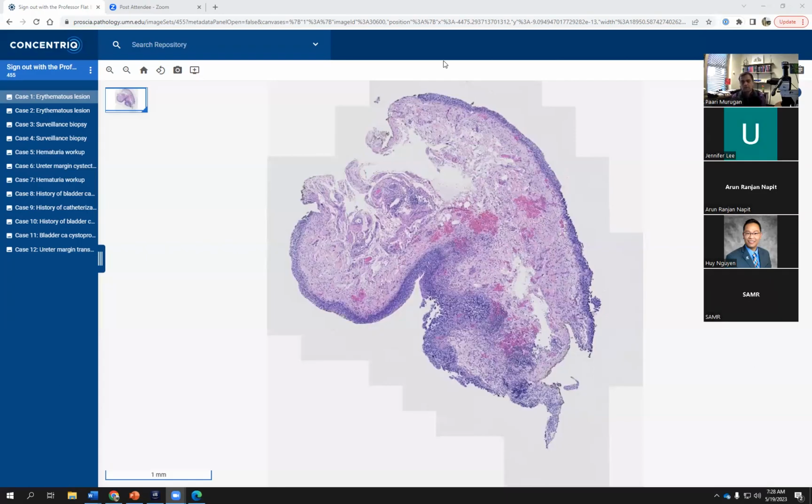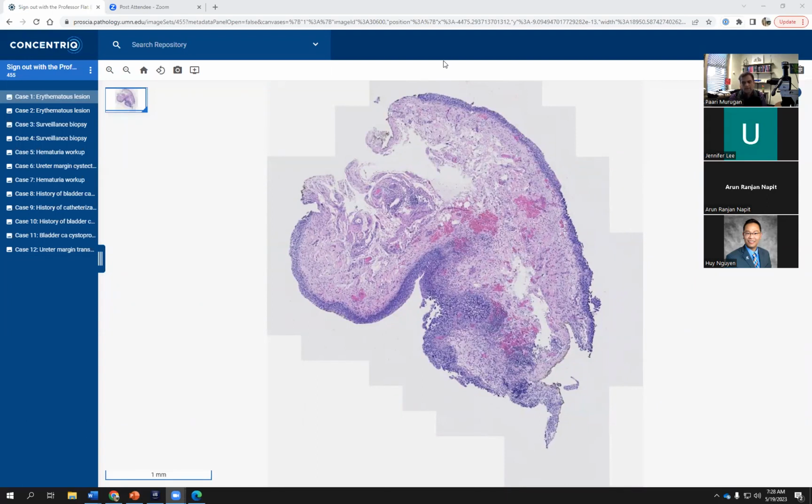So we have to be very careful with the terminology that we are using when we say something is carcinoma in situ in the bladder. To reiterate, we do not use the term carcinoma in situ in the bladder for any kind of papillary lesion, and we do not use the term carcinoma in situ for any kind of low-grade lesion.